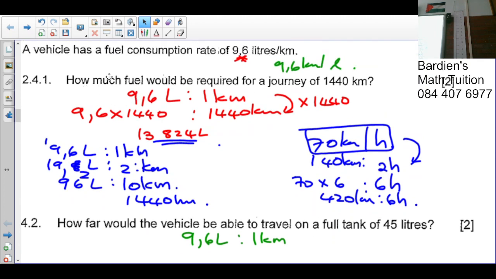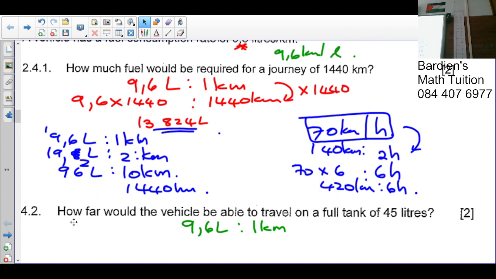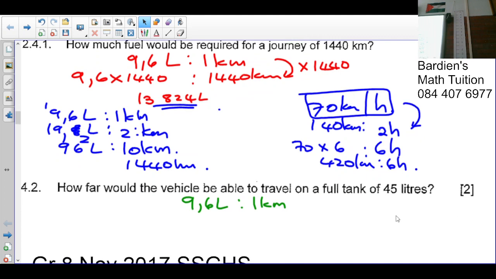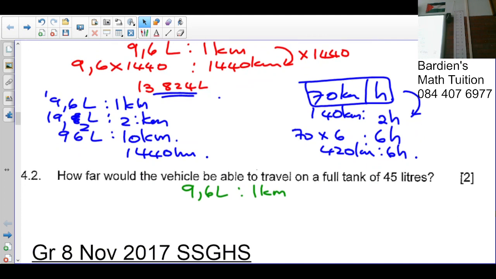So, how far would the vehicle be able to travel on a full tank of 45 liters? We have here 9.6 liters equals 1 kilometer. They want to know for 45 liters, so this goes 45 here. Can you see that? So how do I get from 9.6 to 45?